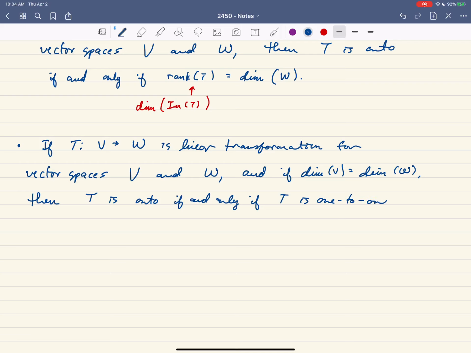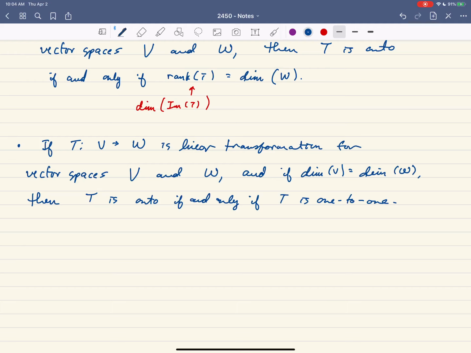In other words, if V and W have the same dimension, then T either has to be both 1 to 1 and onto, or neither. It can't be that it's one or the other. It can't be mixed. Okay, so that's a theorem. Again, I'm not going to get too much into the proofs here, but there we go. So that's the idea.